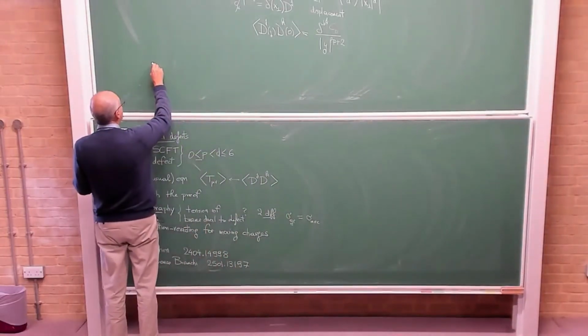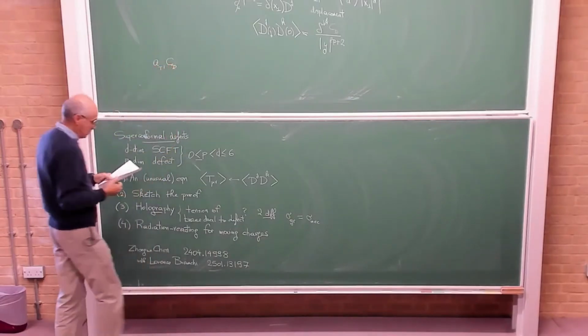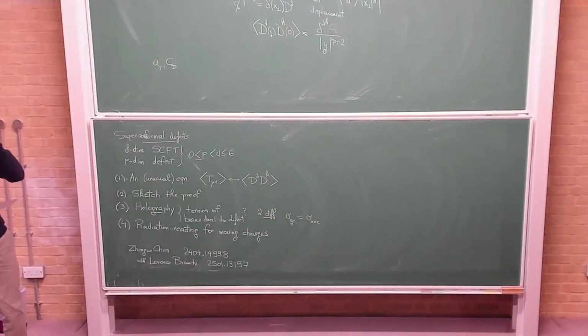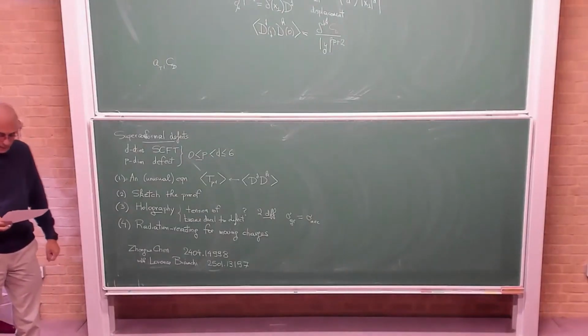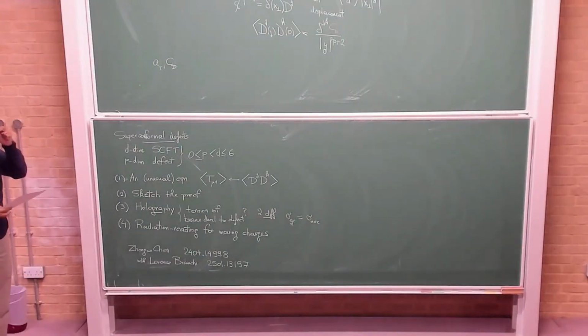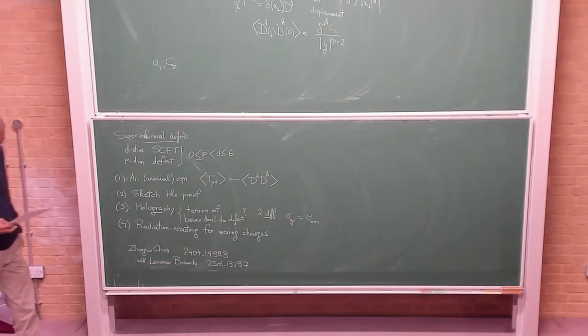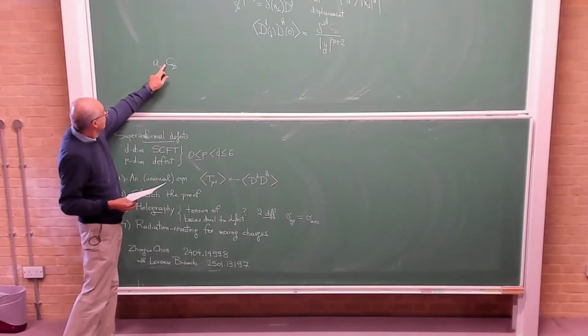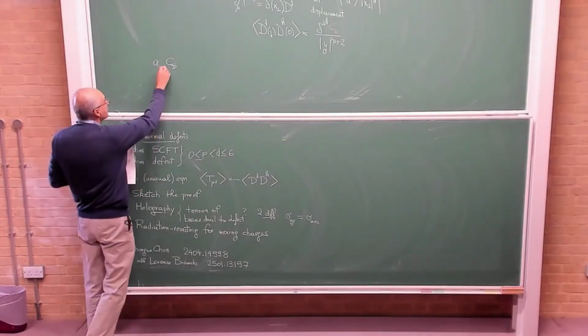So first of all, let me say that this A_T and C_D are two universal characteristics of the defect. They enter in all sorts of observables. We'll see some of them. They enter in anomalous dimensions. This one entered in what Shira discussed on Wednesday.